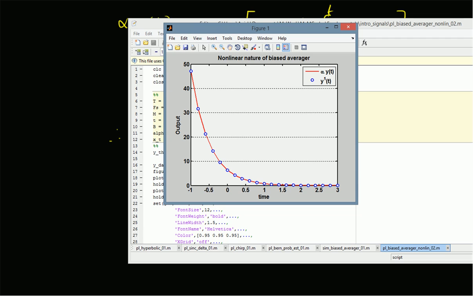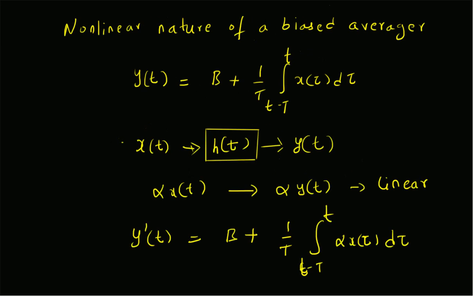That means the system becomes a linear system. Thus we have verified, using both the theory and Matlab, that a biased averager is a nonlinear system. And when the bias b becomes 0, the system becomes a linear system.